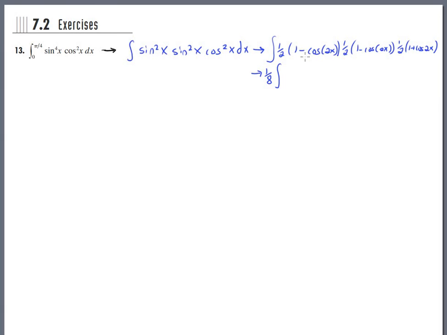binomials together. And after you do a little bit of multiplication, you get, so I'm going to skip a step or two here, 1 minus a cosine of 2x minus a cosine squared of 2x plus a cosine cubed.